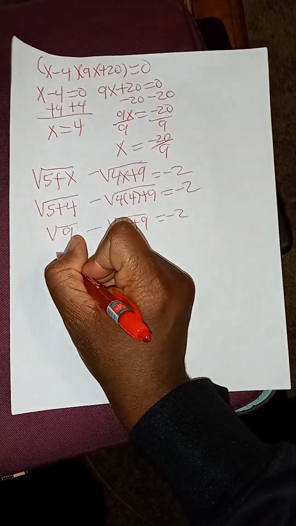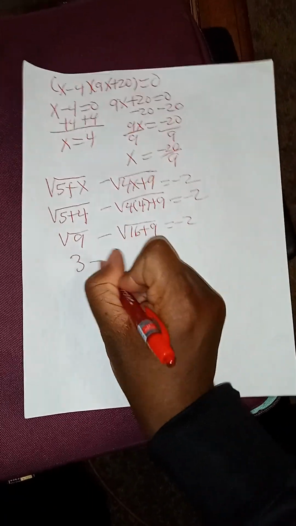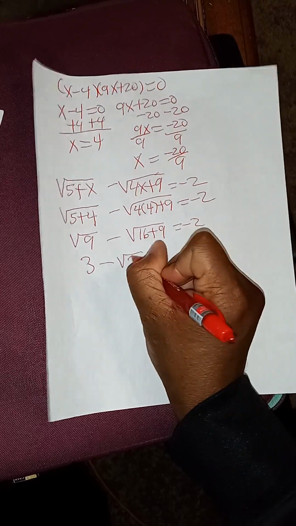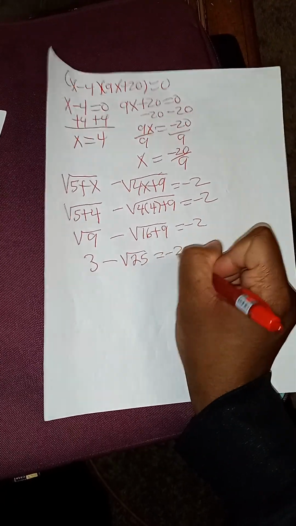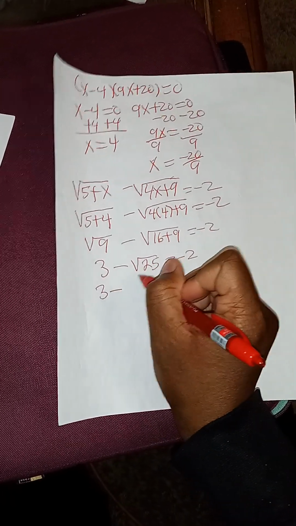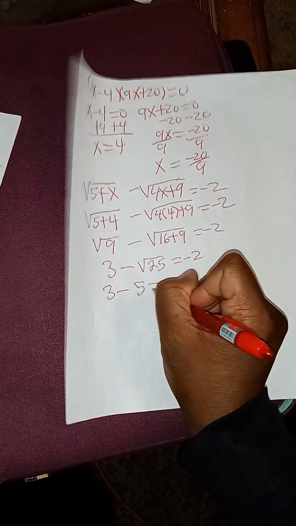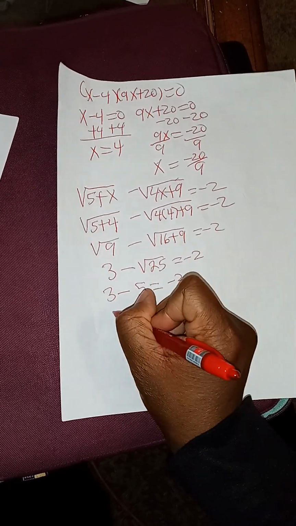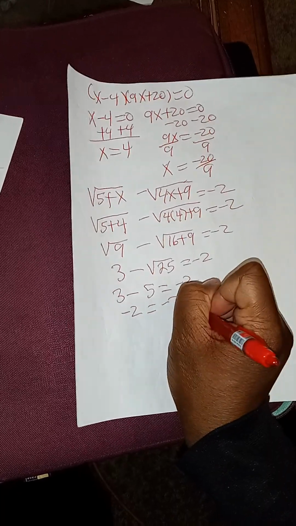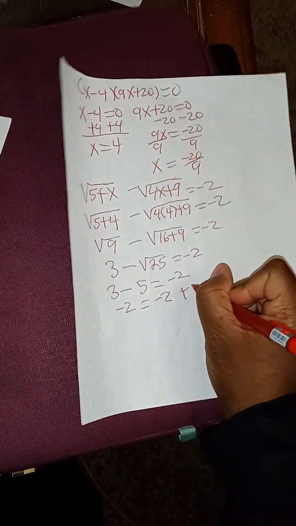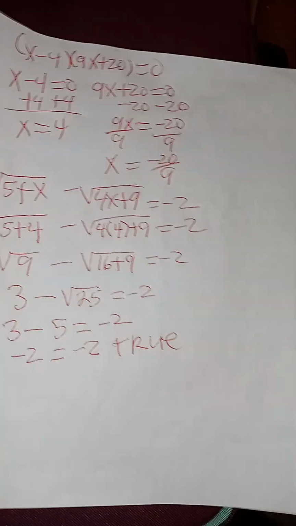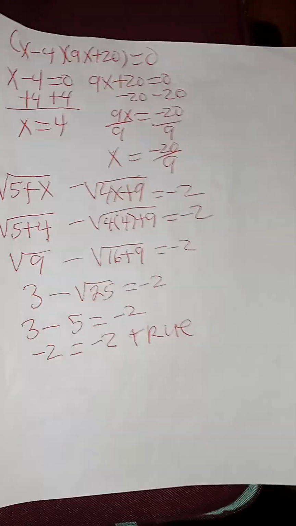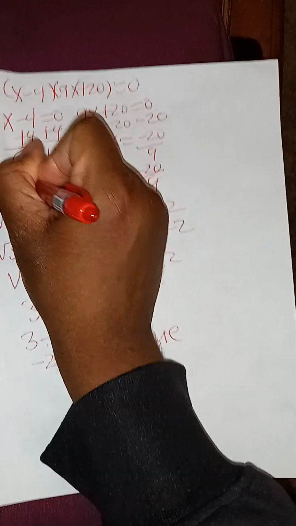Okay, so square root of 9 is 3, then minus square root of 25 equals negative 2. So 3 minus 5 is equal to negative 2. So negative 2 is equal to negative 2. And that is true. Okay. So that proves x equals 4 is a solution. So we can go ahead and circle that.